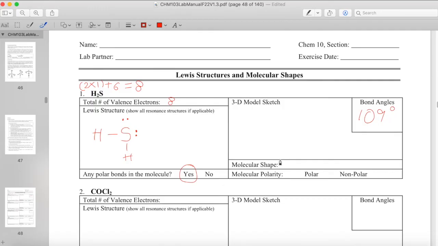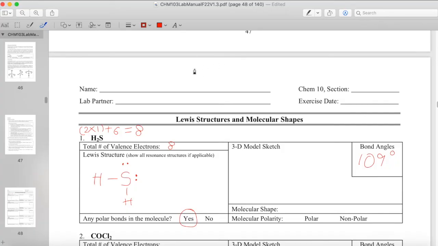So how do we recognize which shape we're dealing with? I find that the easiest way to remember the different shapes is to break this down into chunks. Ask yourself, how many atoms are connected to my central atom?